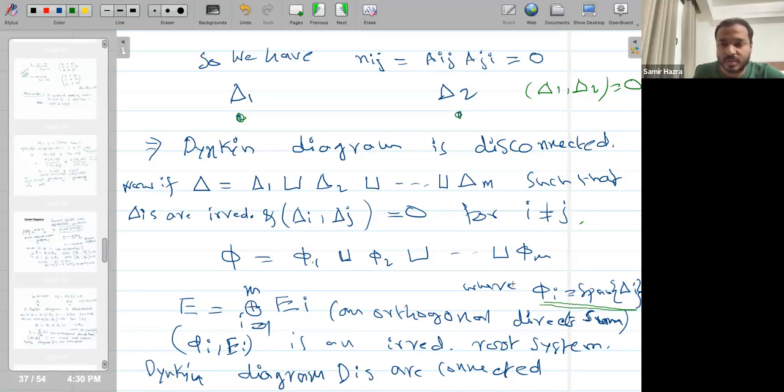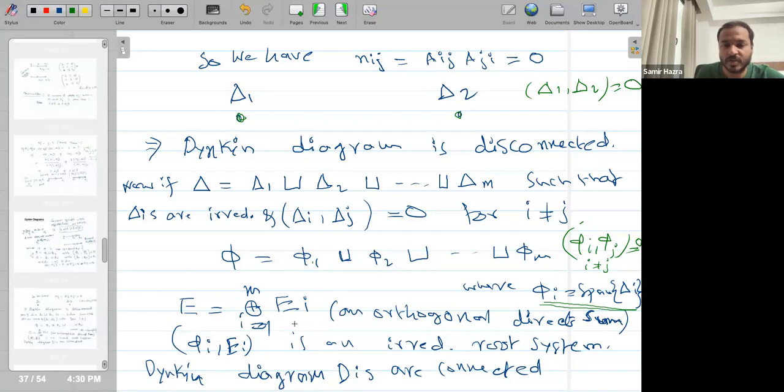And since the phi i's are all disjoint, and of course orthogonal, phi i, phi j is 0 for i not equal to j. Okay. So then E, the actual Euclidean space, can be written as an orthogonal direct sum of this form, summation i to m of E i.